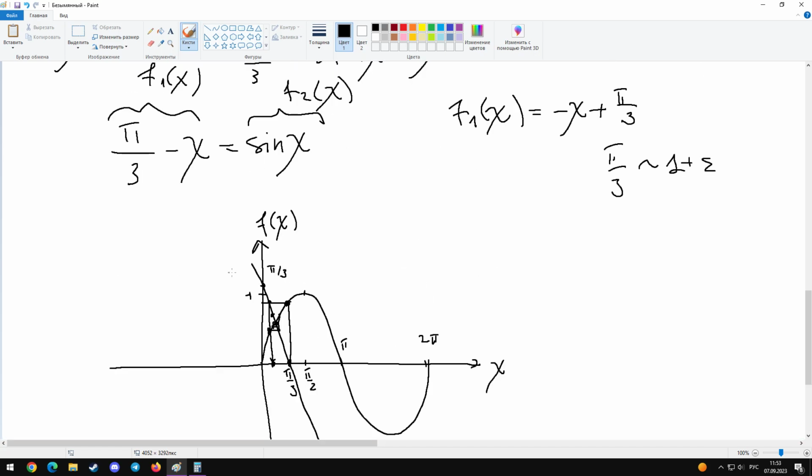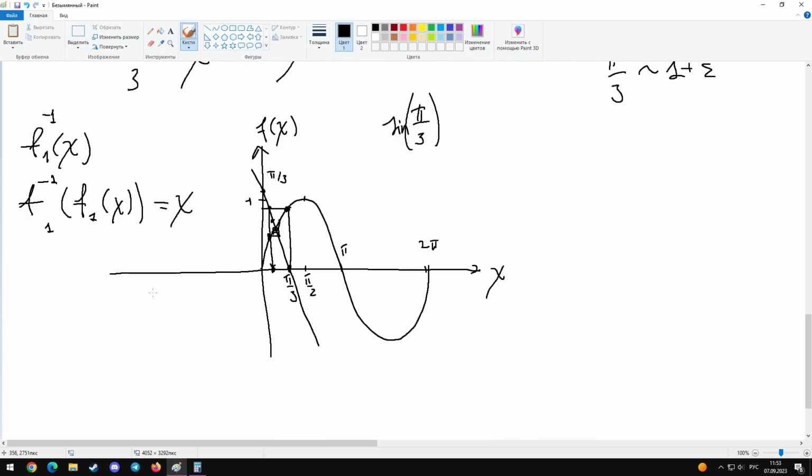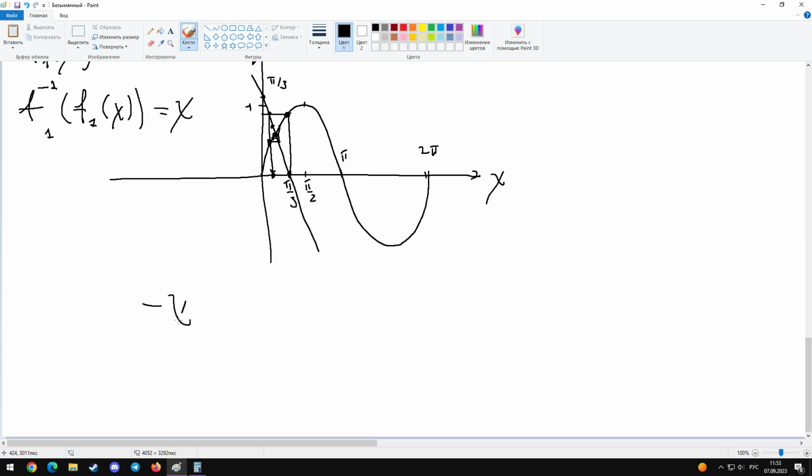So at first I take sine of pi over 3, and then I take the reverse of this function. The reverse of f1 of x is a function such that if we take f reversed of f1 of x, we take just x. f1 of x is minus x plus pi over 3.